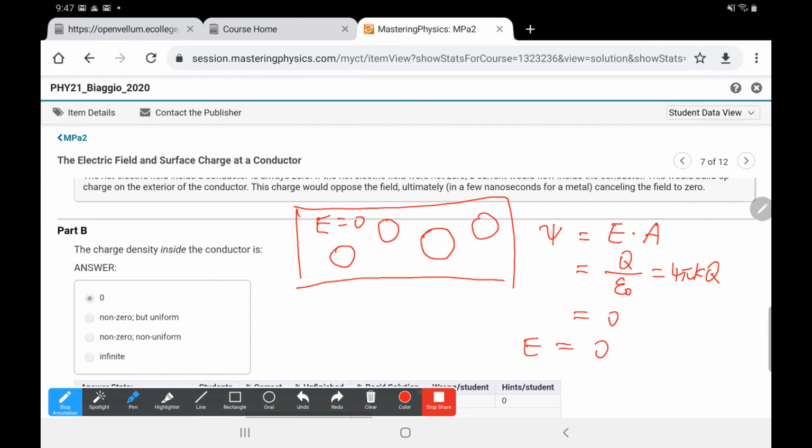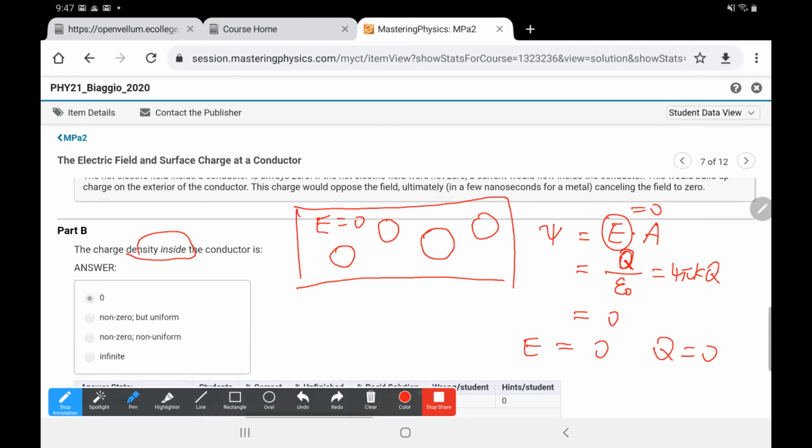Because inside the conductor this is 0, so the flux is 0. If the flux is 0, then there's no charge inside the surface. If there's no charge, then the charge density is 0. Okay, so this is the reason why we pick 0.